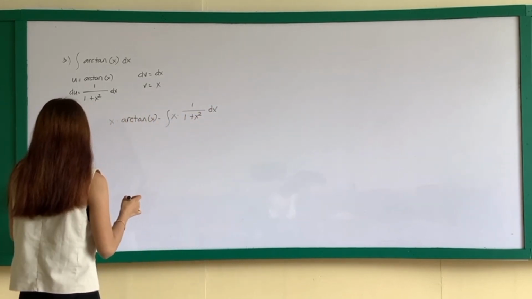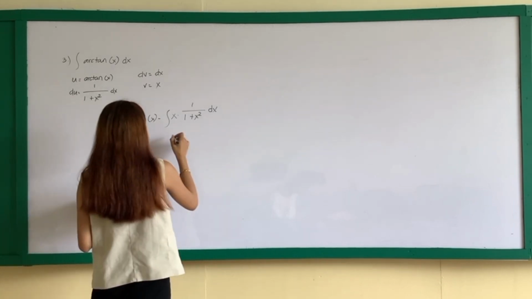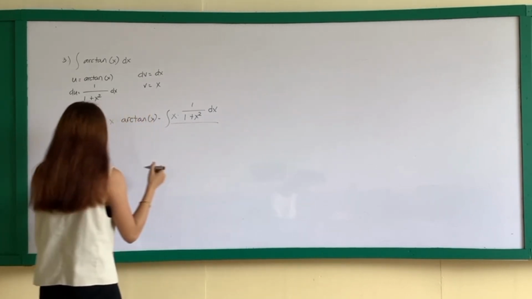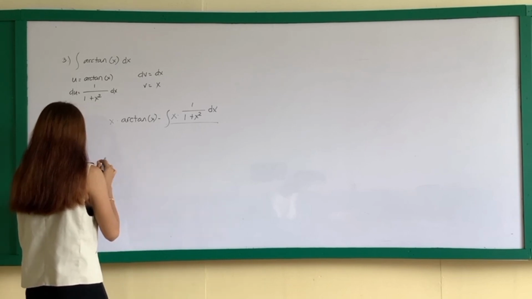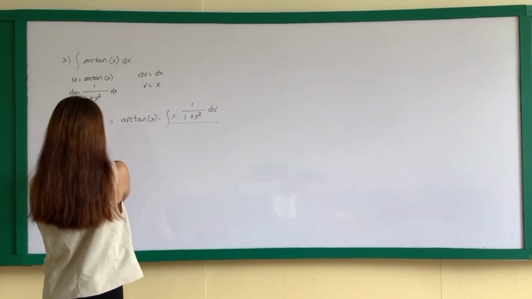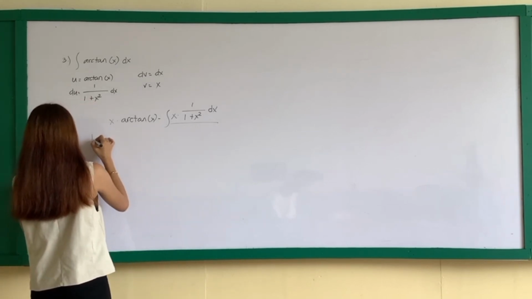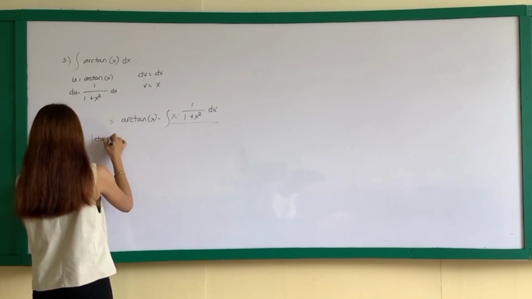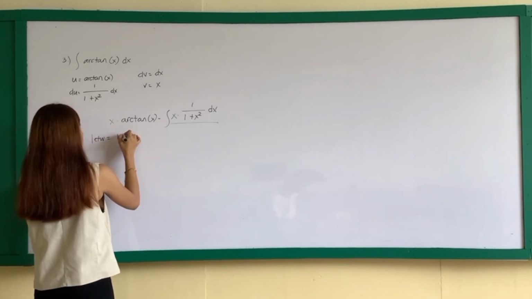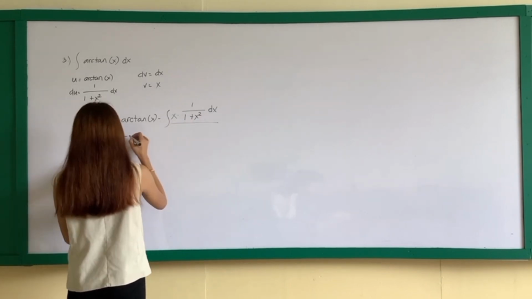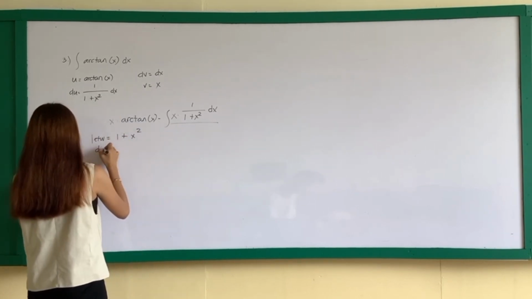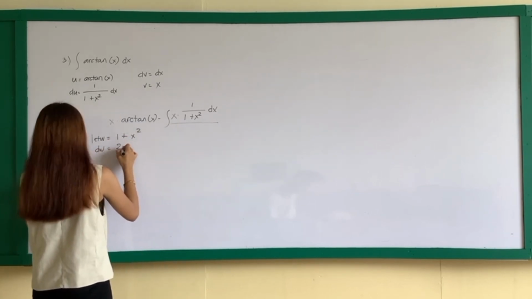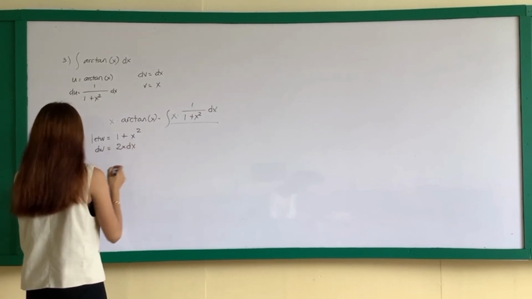And let's solve our second integral. Let's use substitution. So let w equal 1 plus x squared. So the dw is 2x dx.